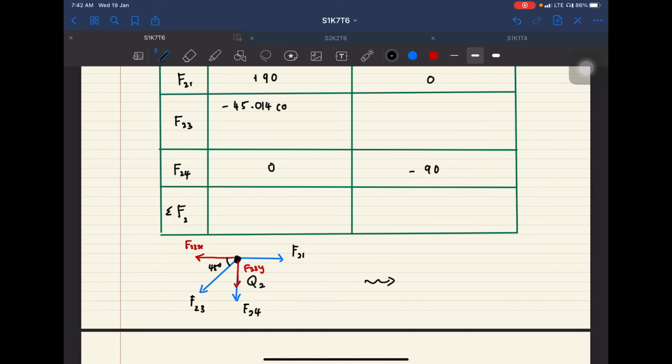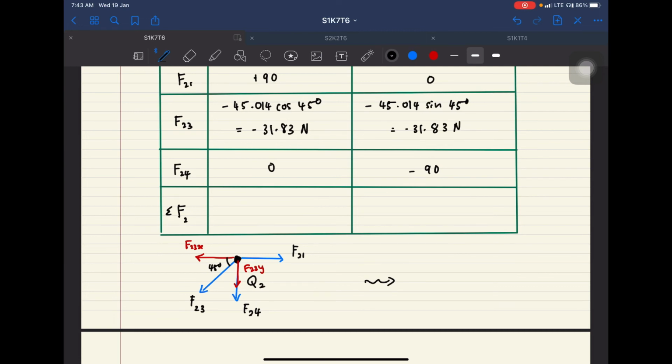So cos 45, this one would be negative because this is downward. Cos and sine are the same in this case, because it is 45. Negative 31.83 Newton.